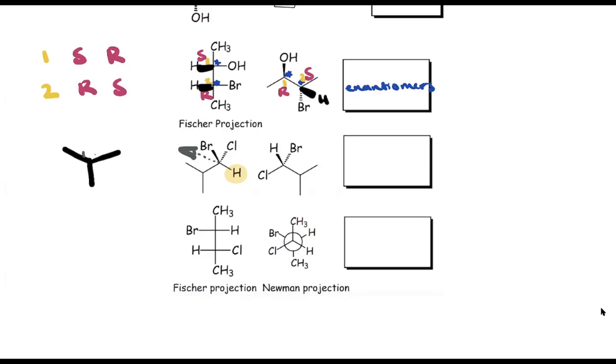Okay, with your hydrogen kind of just being in the back. I'm not going to draw it out. But then if you look at it from that direction, I'm going to do this with my hands. If you want, you can do it with your hands too. At least from my perspective, if I look at it from this direction, my chlorine, which was originally in the back, will now be on the left.